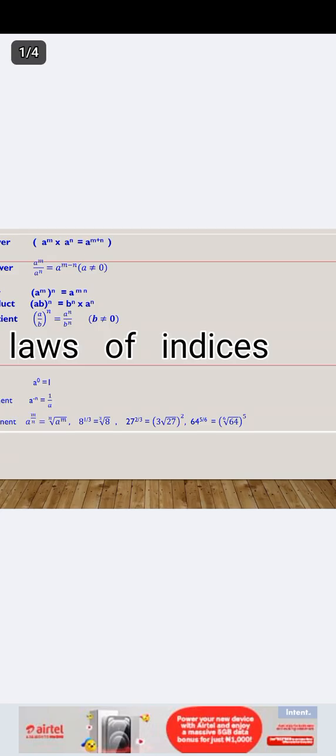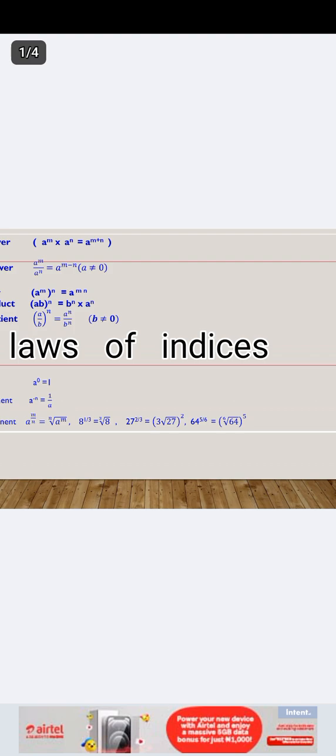The A is the base, while the 2 to which the power is raised is the index. Another example is when we multiply 2 three times, that is 2 times 2 times 2. We now have 2 raised to power 3. 2 is the base number, while 3 is the index or the exponent or the power.